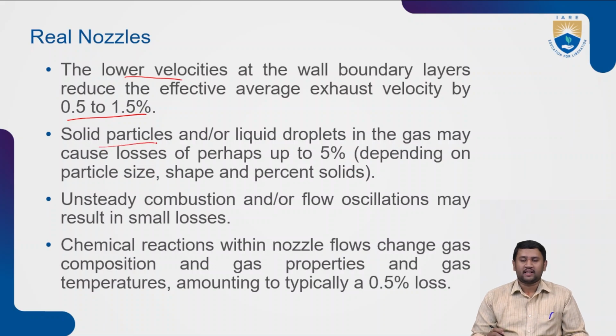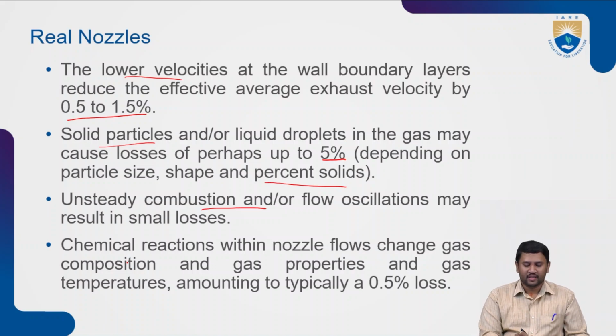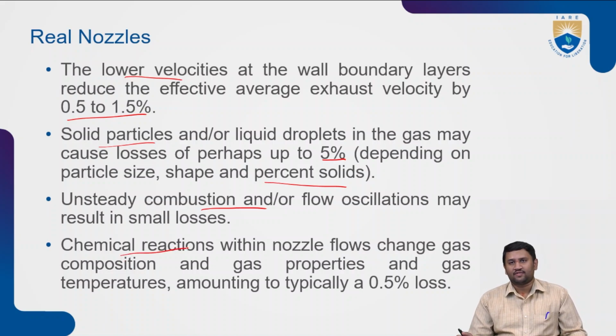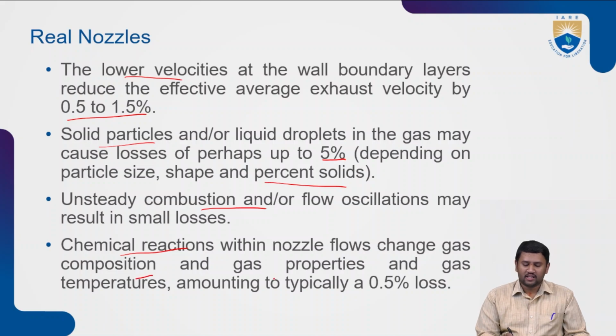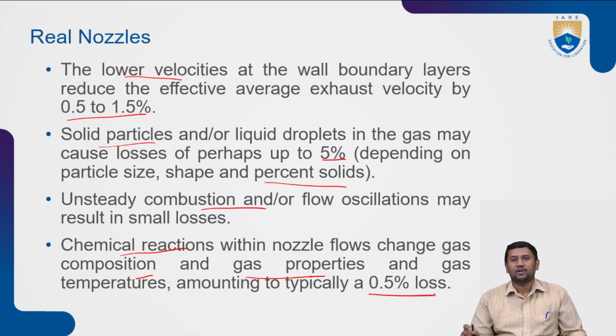Solid particles or liquid droplets in the gas may cause losses, perhaps up to 5%, depending on the particle size, shape, and percentage of solids. Unsteady combustion or flow oscillations may result in small losses. Chemical reactions within the nozzle flow change the gas composition, gas properties and gas temperatures, amounting to up to 0.5% of the total loss.